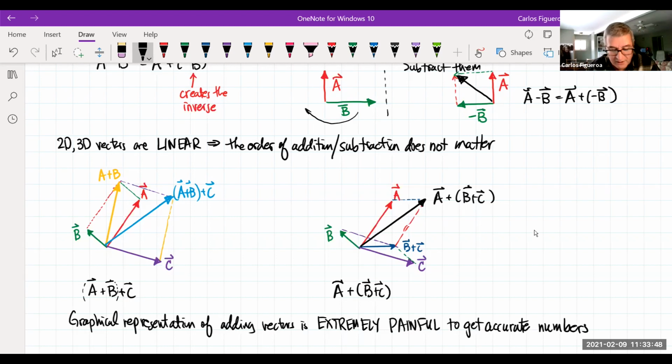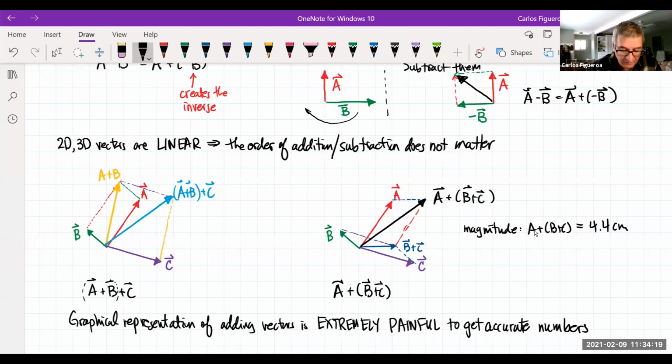The way you would do this is, if I took a ruler, I would ask, okay, what is the length of this guy? I would take a ruler and measure this guy, and the magnitude, according to my ruler, looks like the length of A plus B plus C here is going to be 4.4 centimeters.